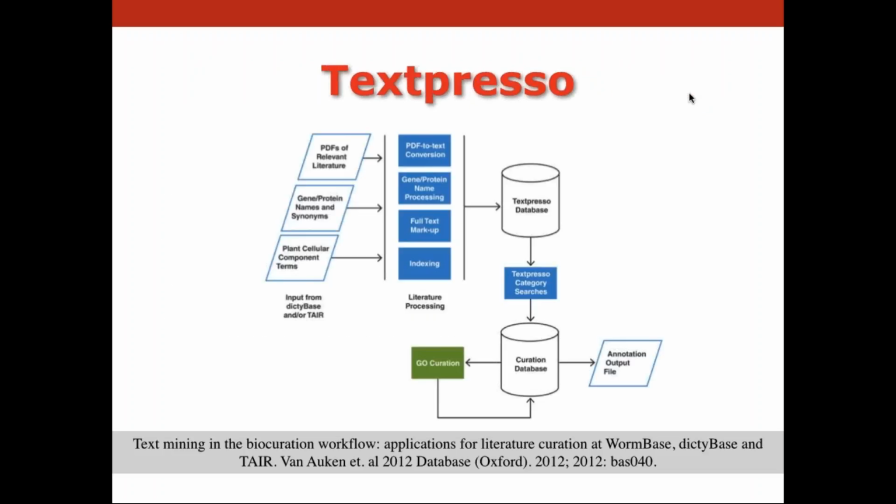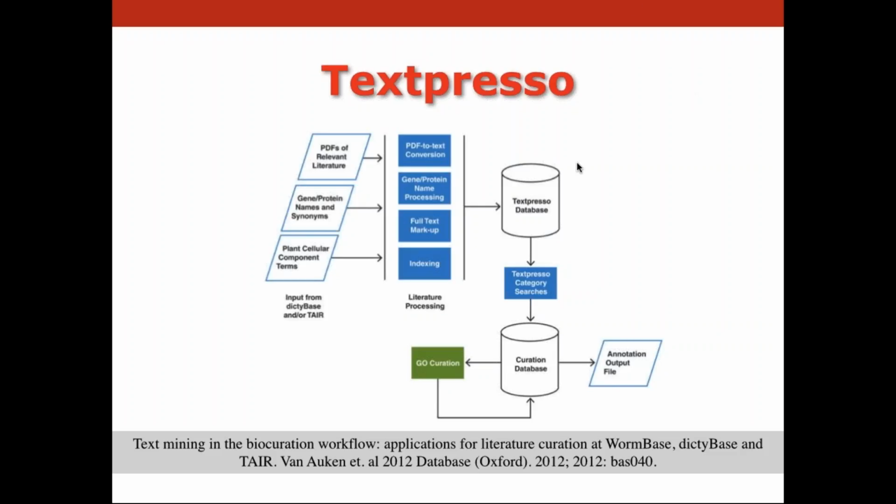One very popular tool in the biocuration community for automatic annotation is called Textpresso. It's developed by the group who is also PI of the WormBase database. It was first implemented in WormBase, but it's now more frequently being implemented in other databases, dictyBase and TAIR, the Arabidopsis thaliana resource.